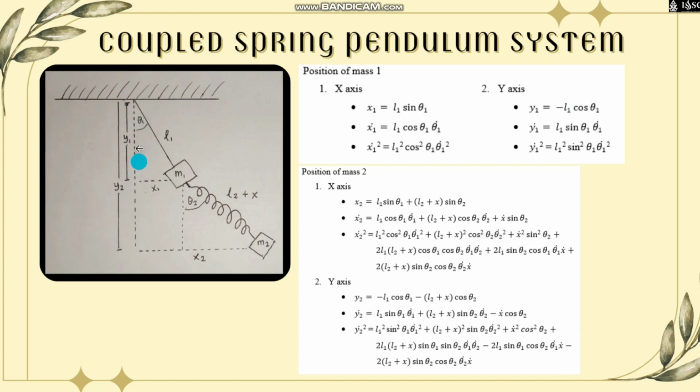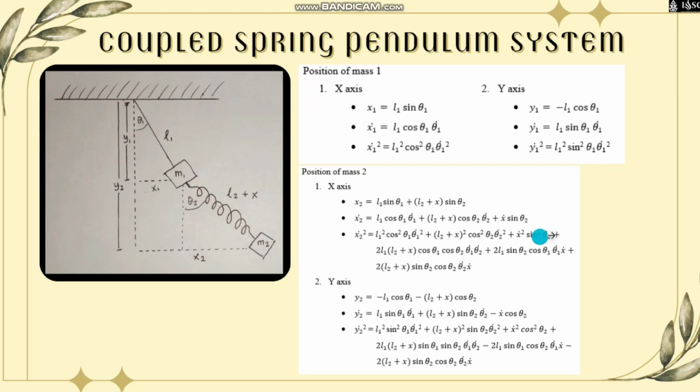We can also use trigonometry to find y1, because y is adjacent to the angle, so it becomes minus L1 cos theta. If we differentiate this with respect to time, we have y1 dot equal to L1 sin theta 1 times theta 1 dot. If we square y1 dot, it is equal to L1 squared sin squared theta 1 times theta 1 dot squared.